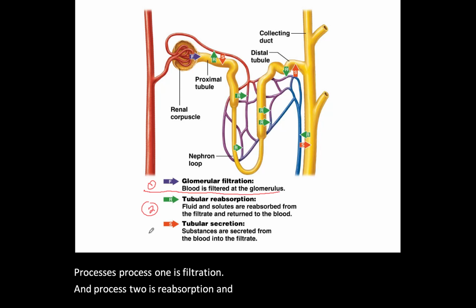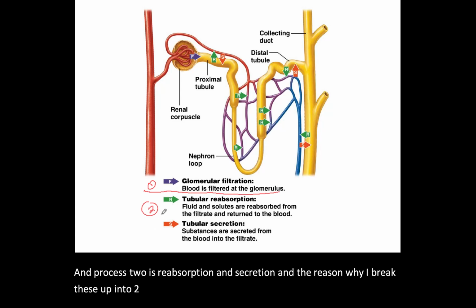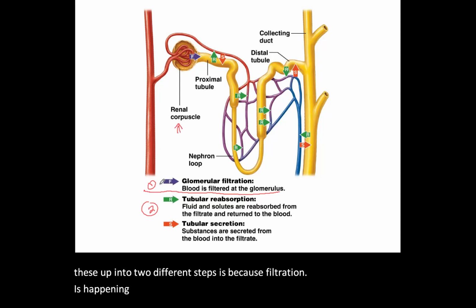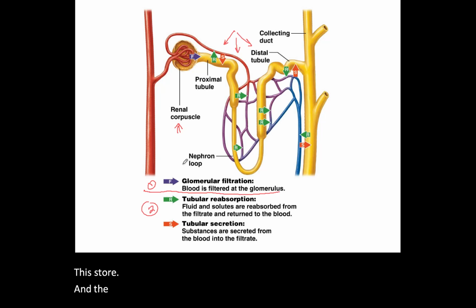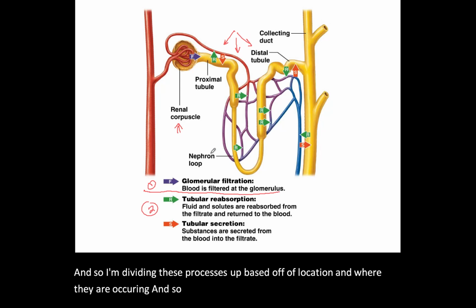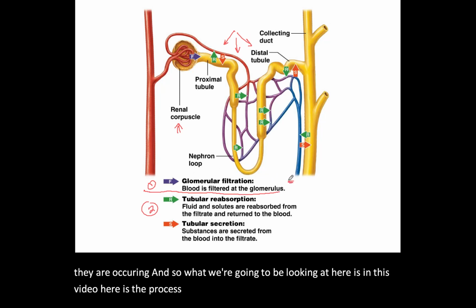And the reason why I break these up into two different steps is because filtration is happening here within the renal corpuscle, whereas tubule reabsorption and tubule secretion is happening within the proximal, distal, and the loop of Henle. And so I'm dividing these processes up based off of location and where they are occurring. In this video, we are going to be looking at the process of filtration.